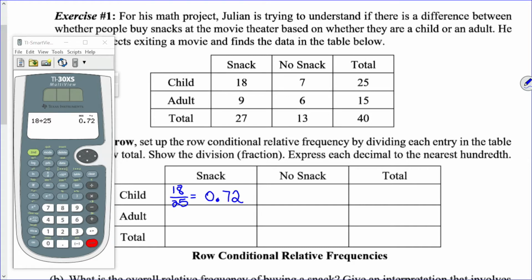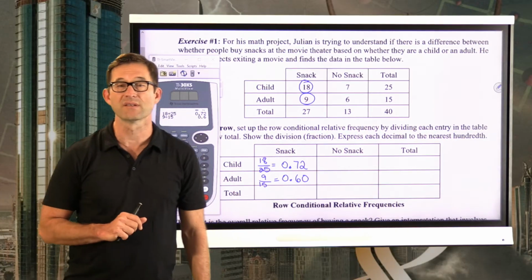But if I went down to that adult number, 9, I wouldn't divide by 25, I would divide by 15. 9 divided by 15, oh, actually it does come out nice. My mistake. I'm going to bring this to the hundredth, even though it's nice and even at 0.6. I'm going to write 0.60.